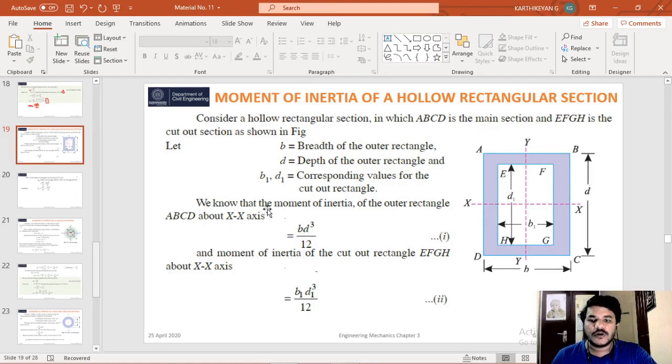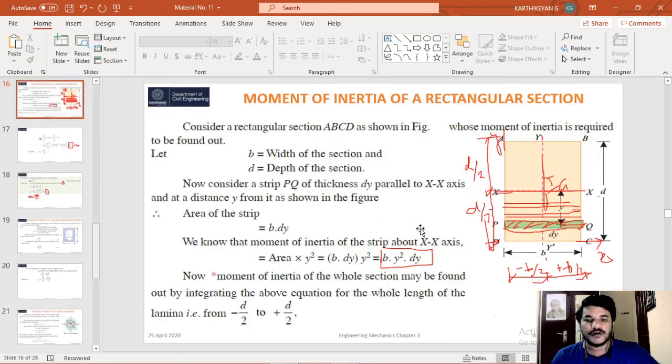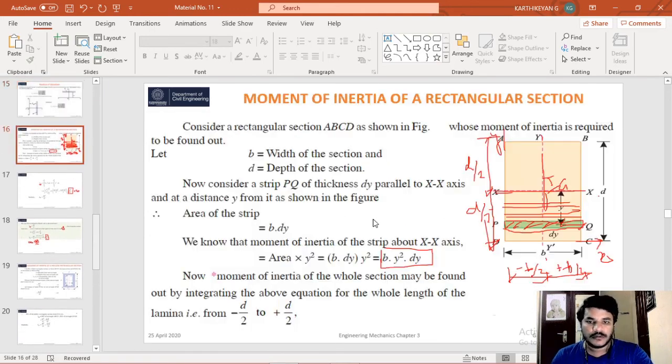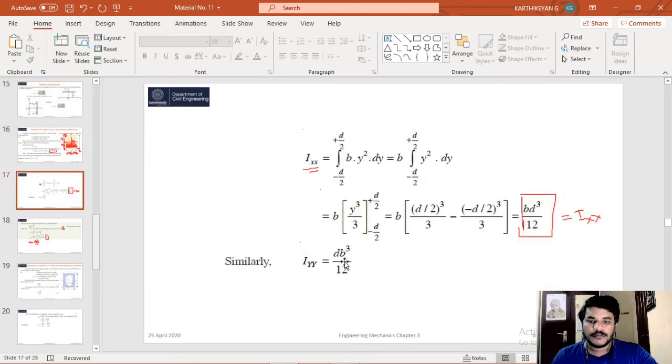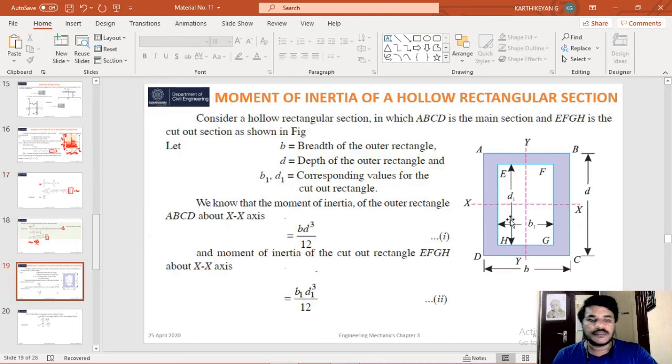Okay, so the moment of inertia of the big rectangle is bd cube divided by 12, as we already calculated here. Okay, I am taking this small rectangle, this is b1 and d1.